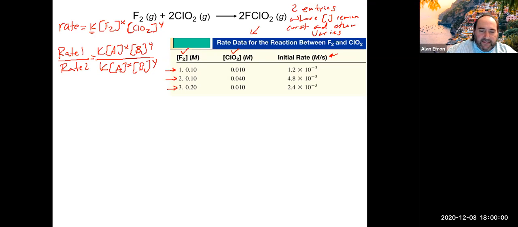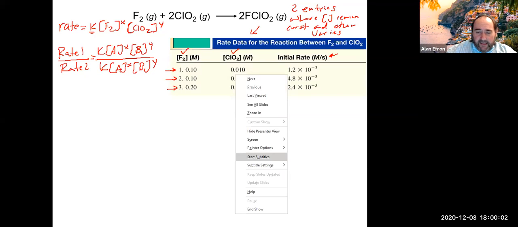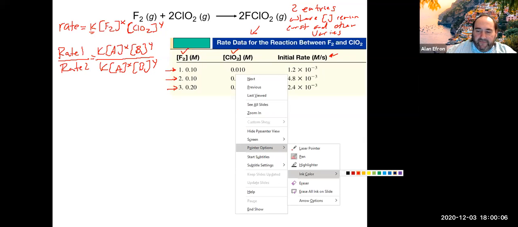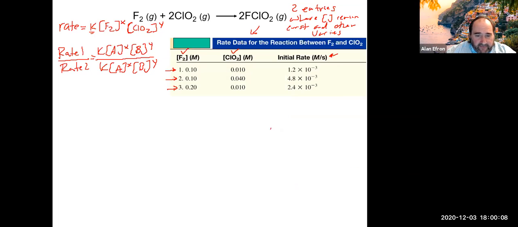So if we look at this table, we can find 2 entries where, again, one of them remains constant, the other one varies. So for example, if we look at 1 and 2 here, we see that the concentration of F2 remains constant while the concentration of the ClO2 varies. So we'll start there.